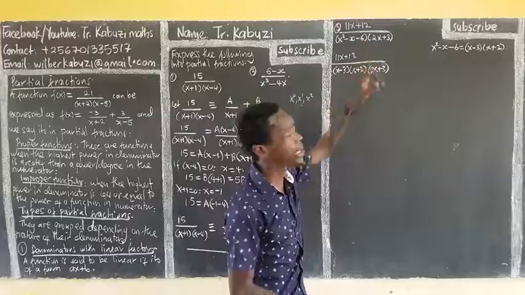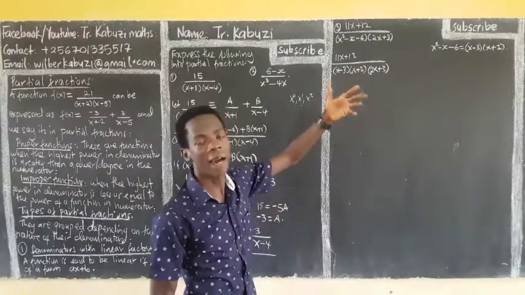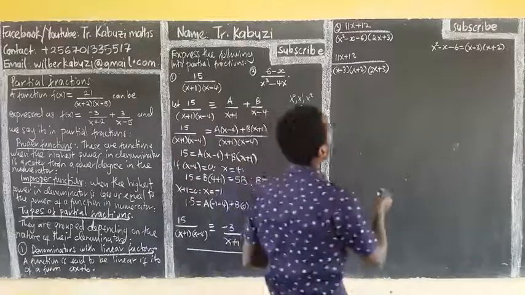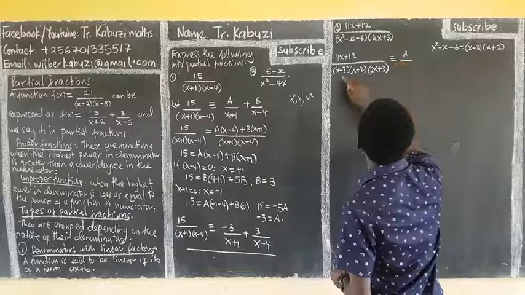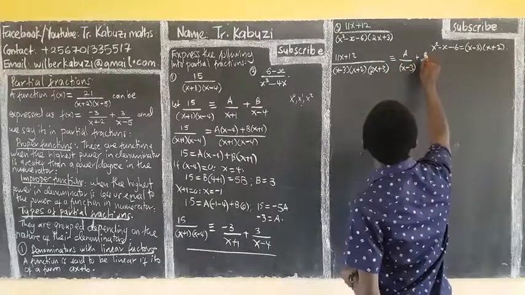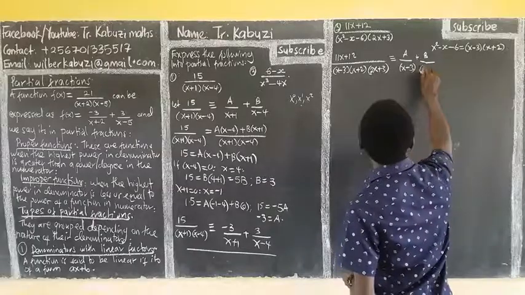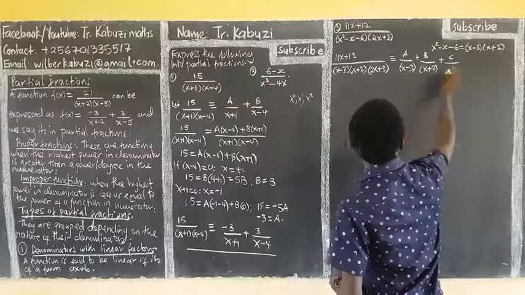They were just confusing us. Now if they are linear, it means that the numerators are going to be constants. So you say, let the whole of this be A over the first, plus B over the second, plus C over the third.